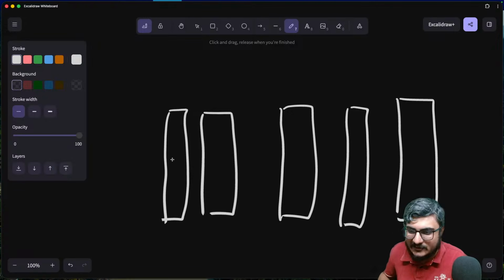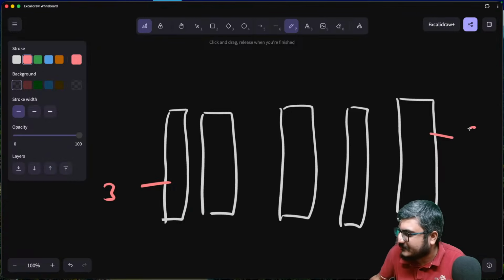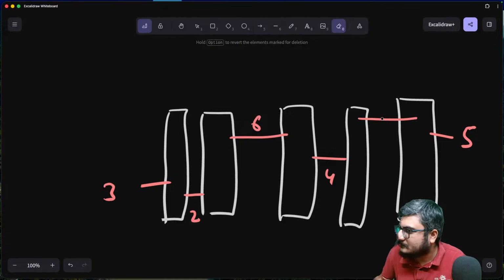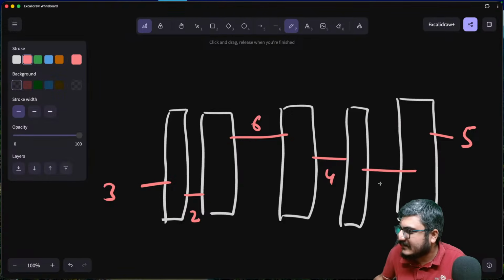Rather than going over a two pass idea that we did last time, what I'm trying to do is move in an increasing order. Let's say I have 3 here, I have 5 here, I have 2 here, I have 6 here, I have 4 here, and I have 2 here.